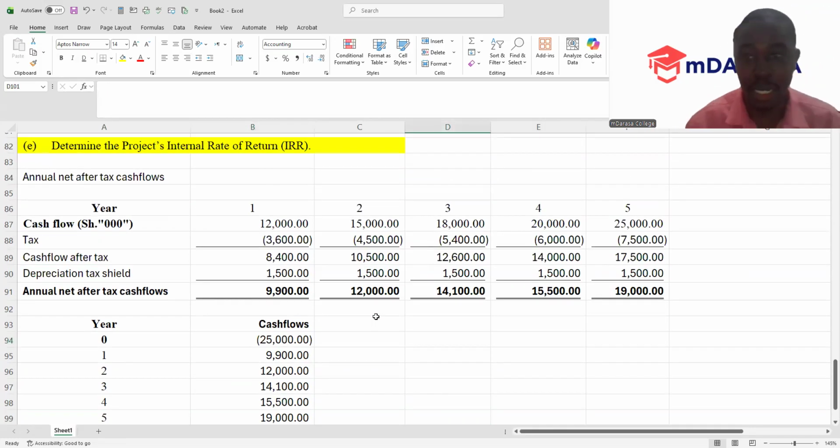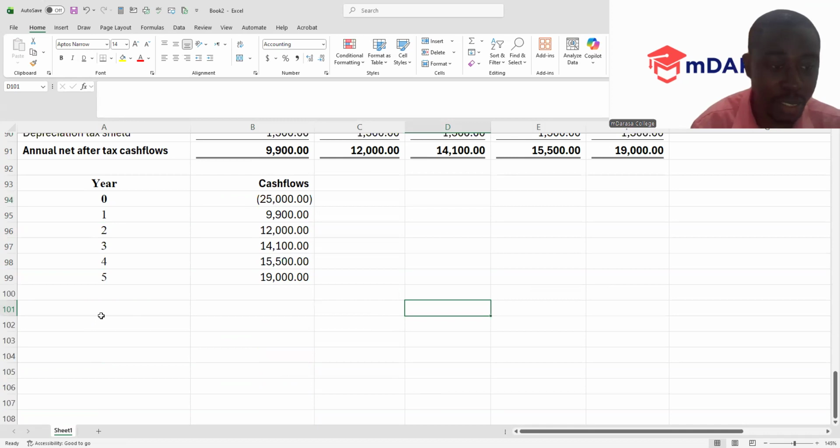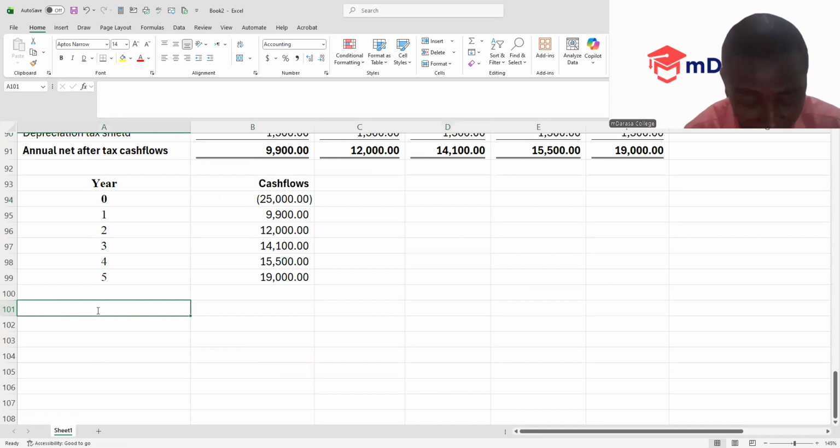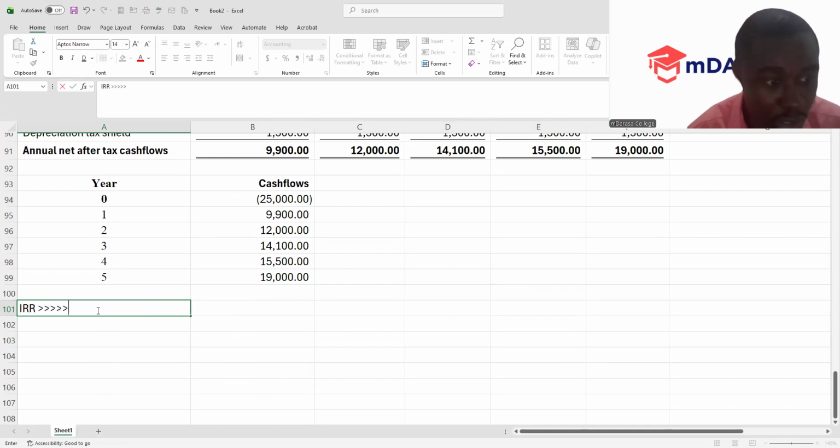Remember, Molimo had guided us about these concepts of IRR. So easily, we can agree and say that if you are to determine our internal rate of return, we are going to use our IRR function.